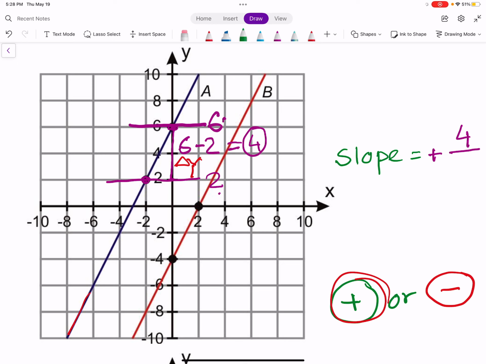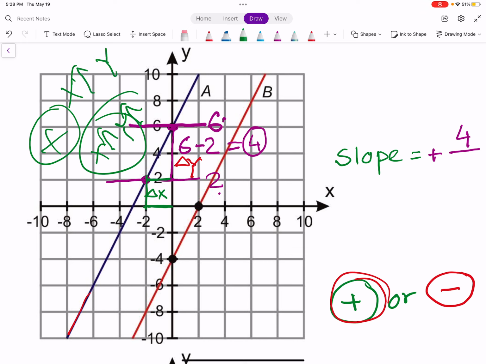And then we have to do what? This one is what you call the change in x. Here it is 2, right? We don't ignore positive and negative, just to avoid confusion. We discovered that once x increases and y increases, that's positive. If x increases and y decreases, we get the opposite, negative.